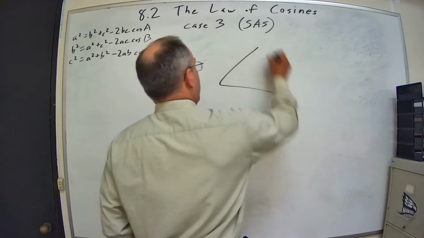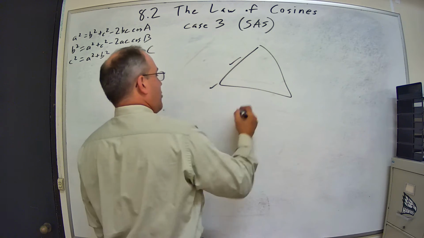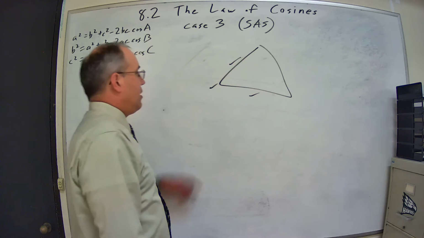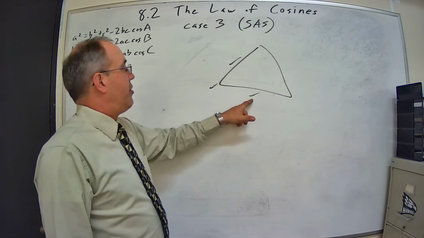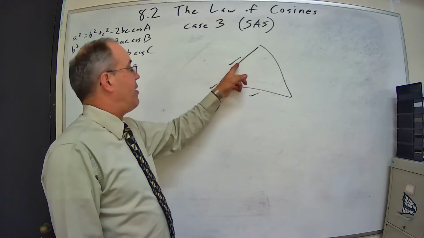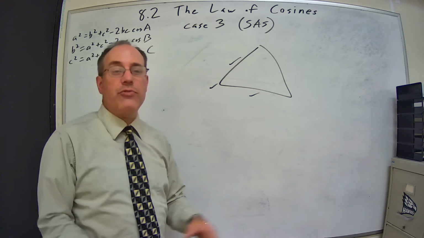If we have a side, an angle, and a side, I don't have the side opposite this angle, I don't have the angle opposite that side, and I don't have the angle opposite that side, so I can't use the law of sines.